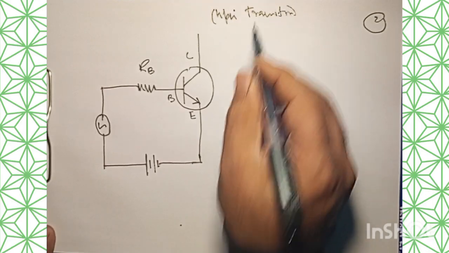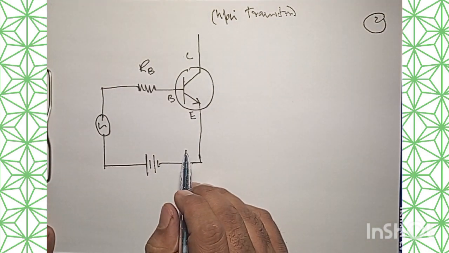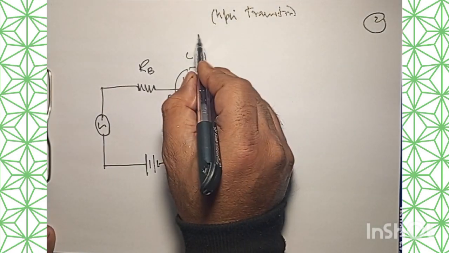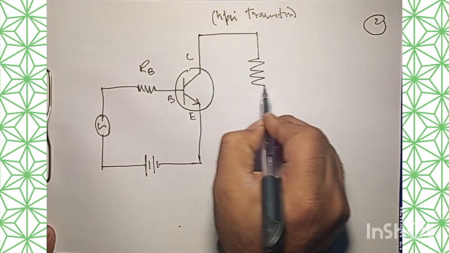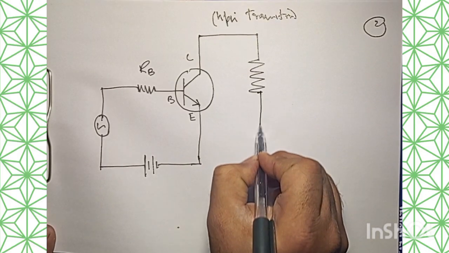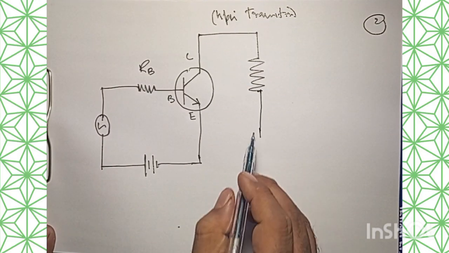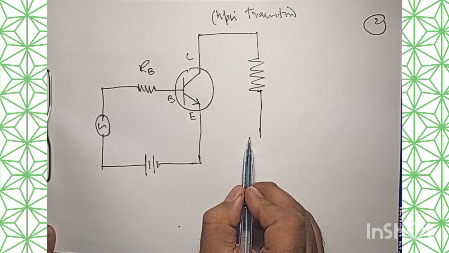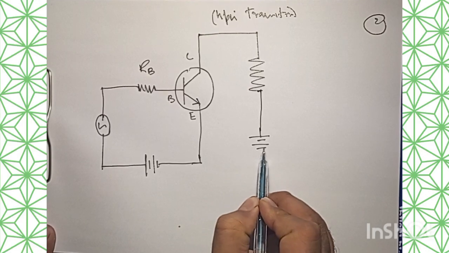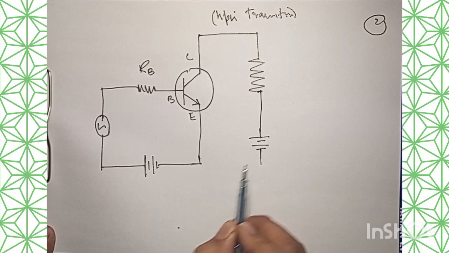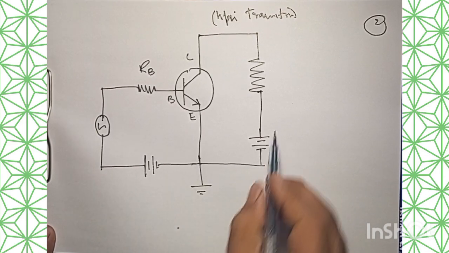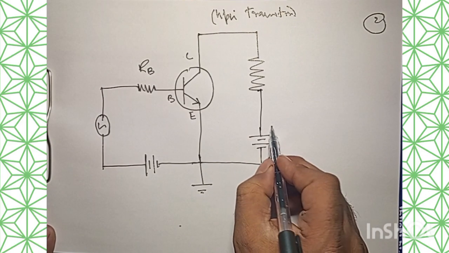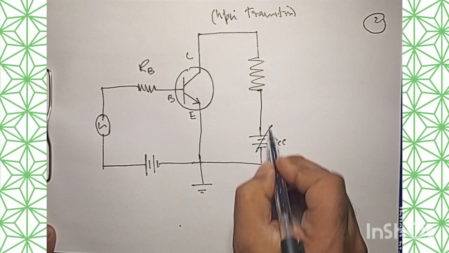So now let's go with the output circuit here. So we will have the collector current, and we will have a load resistance, and we will bias it so that this should be positive, and we'll connect these two, and we'll ground this all, and I'll name this as VCC.